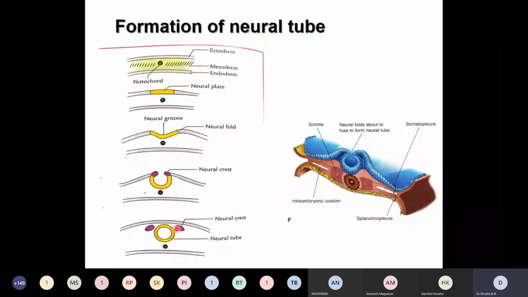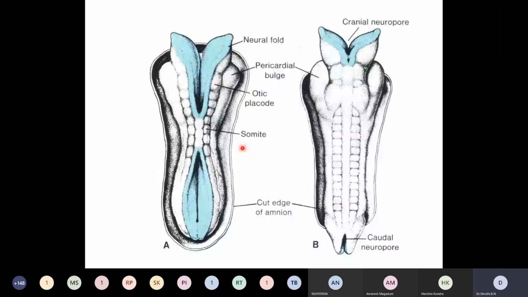So this fusion of the cells of one side with the cells of the other side begins in the center. See in this. The fusion of the neural tube begins in the center and that extends craniocaudally. Okay, so the cranial opening is called as the cranial neuropore and the caudal opening is called as caudal neuropore.